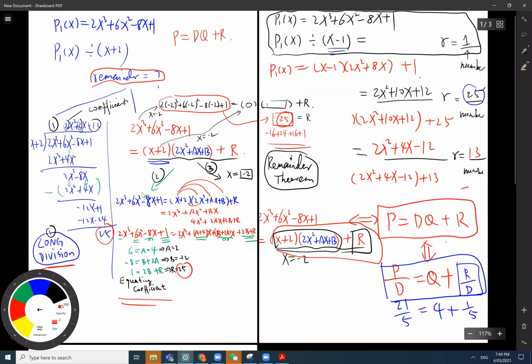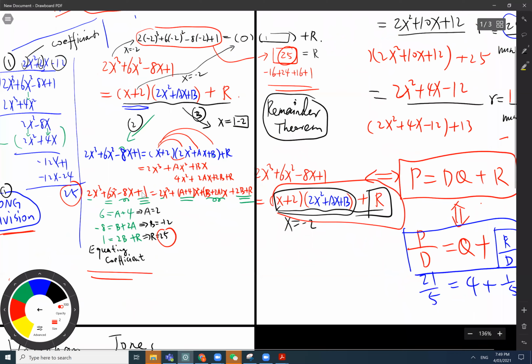If you substitute 1, 2, 6, just 1. Same. Remainder is just 1. That's the remainder theorem. Edward, any question? No.